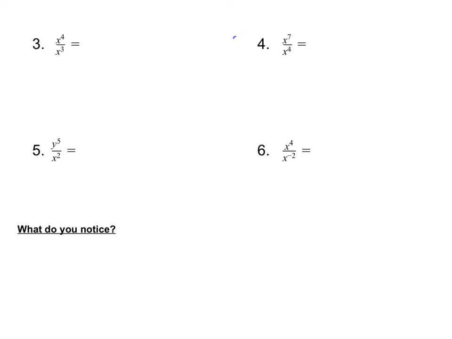Now I'm still expanding all of these out. So on top, I would have x times x times x times x. And on bottom, I would have x times x times x. So again, all of our x's on top and bottom are multiplying, so we can look to cancel some things off and make it easier. An x on top cancels with an x on bottom, and again, and again. And this time we're only left with just a single x.